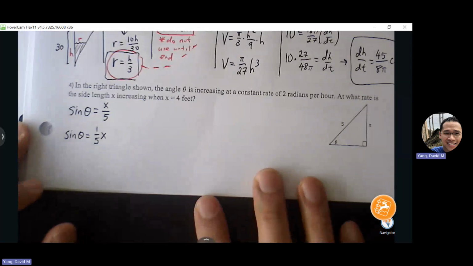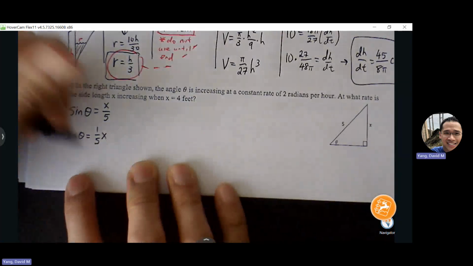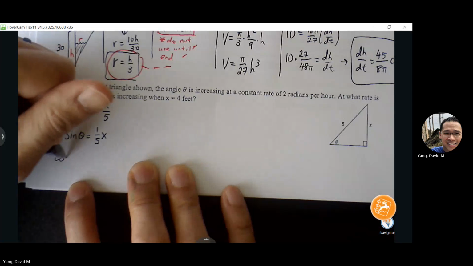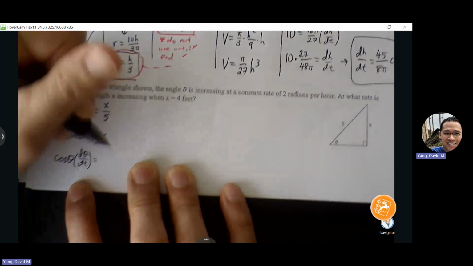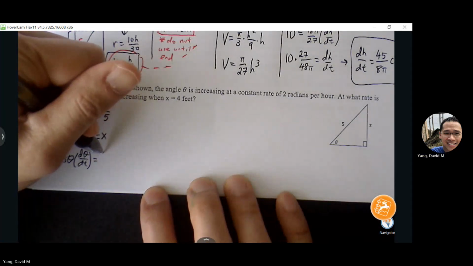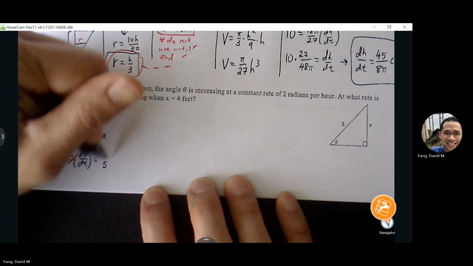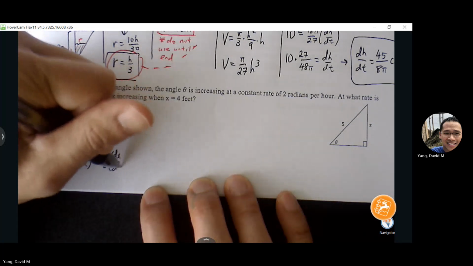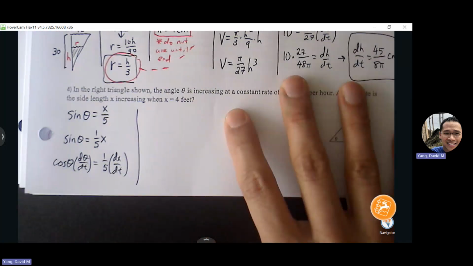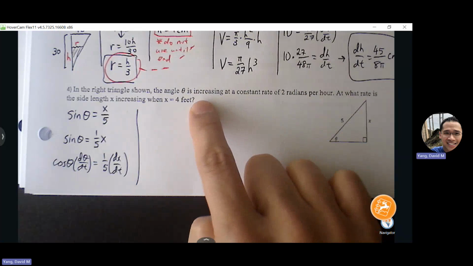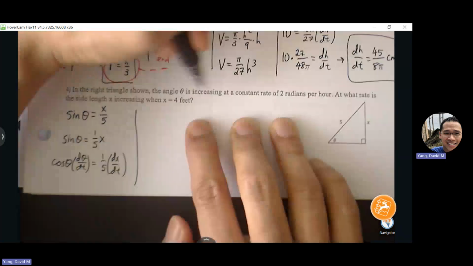Okay, let's find our derivative here. Sine theta, what's sine's derivative? Times d theta dt, because every variable gets impacted by time. 1/5 x becomes 1/5 dx dt. All right, let's gather some information here. Angle theta is increasing at a constant rate of 2 radians per hour.